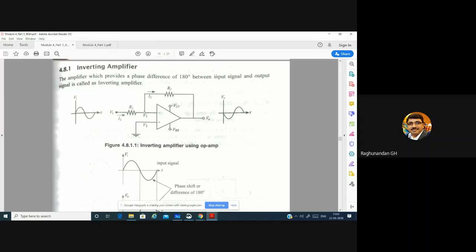Virtually means it cannot be seen, but it will appear like a ground at this point. Whenever we give voltage across V2, the same voltage lies across V1.